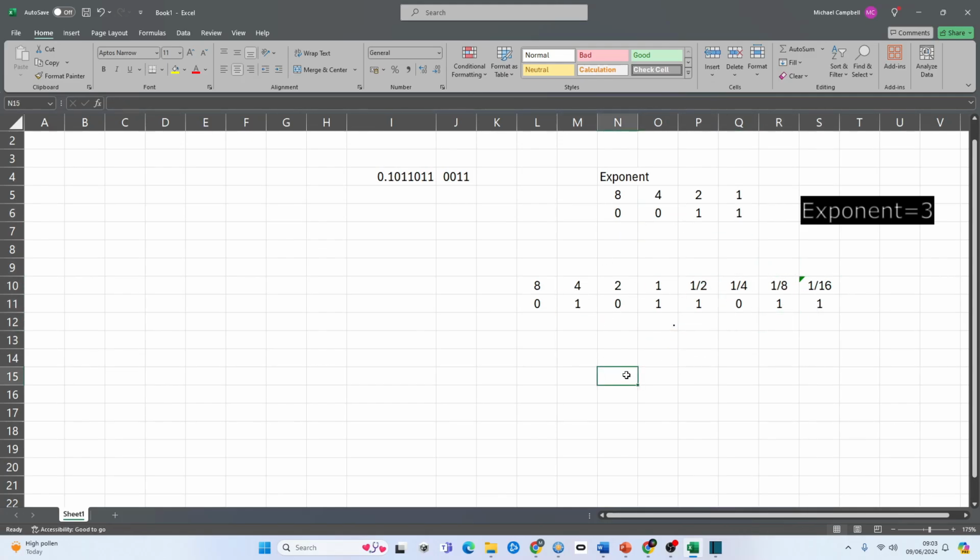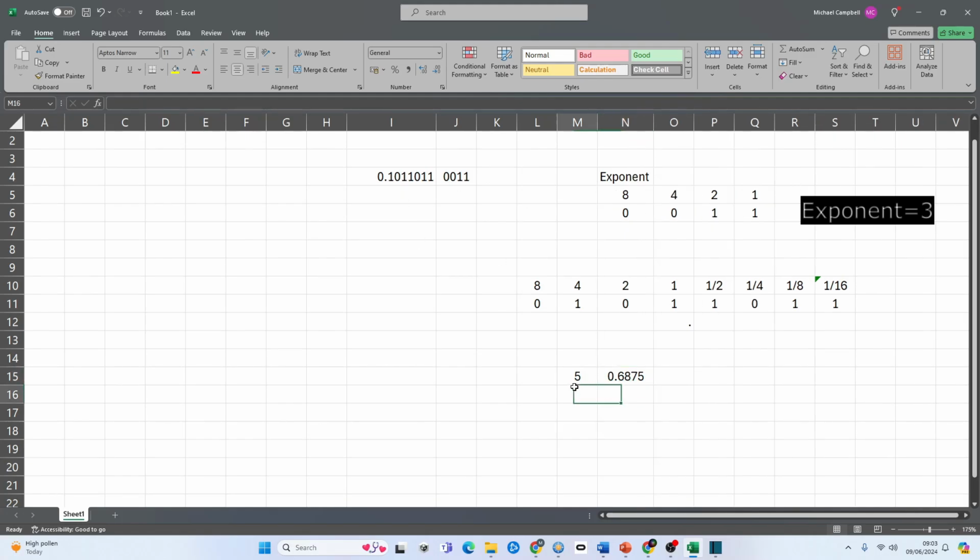I'm just going to do the rest of it here: it's 0.5 plus 1 over 8 plus 1 over 16, which is going to be that. So this number would be 5.6785. That is the number represented here.